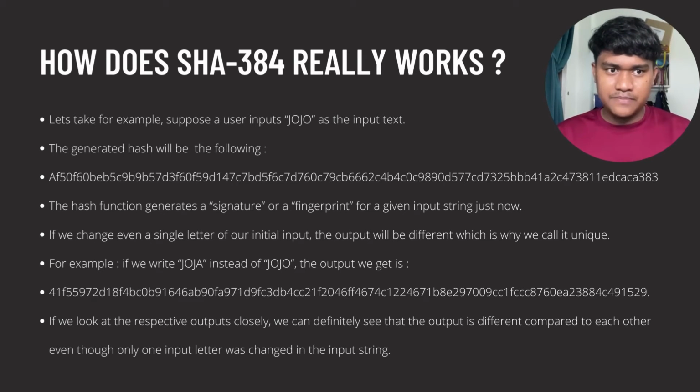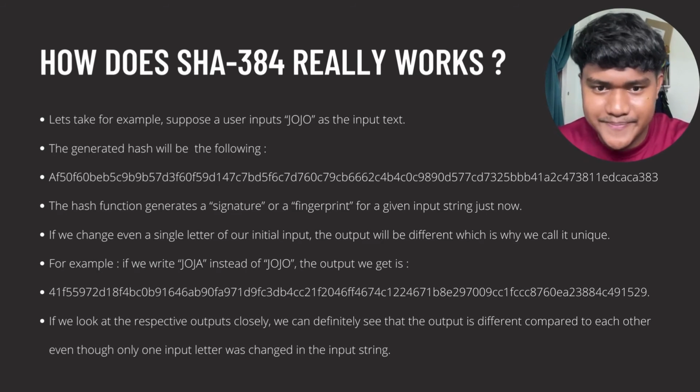For example, if we write Georgia instead of JoJo, the output we get is 4, 1, 5, 6, and so on. If we look at the respective outputs closely, we can definitely see that the outputs are different from each other, even though only one letter was changed in the input string. Thank you.